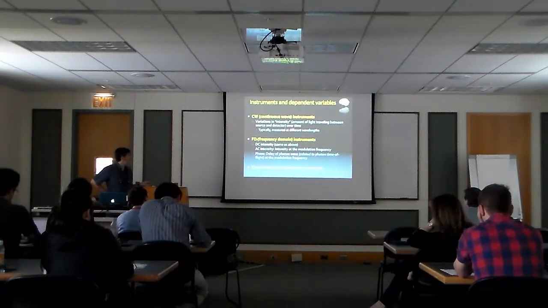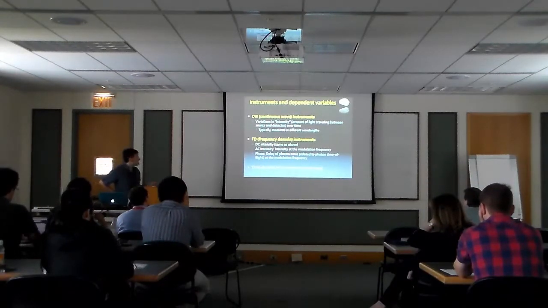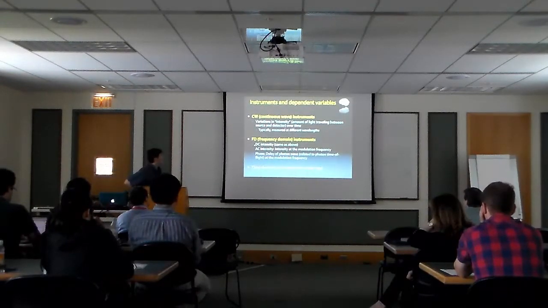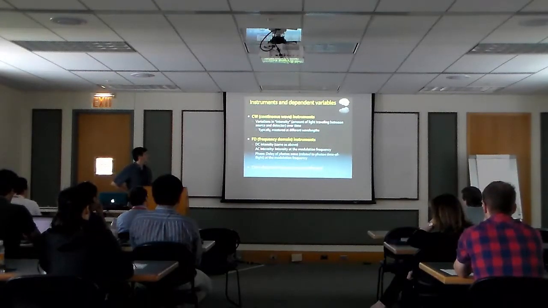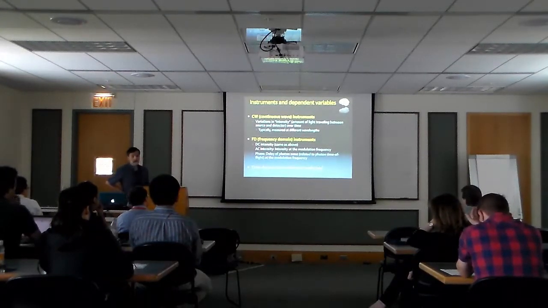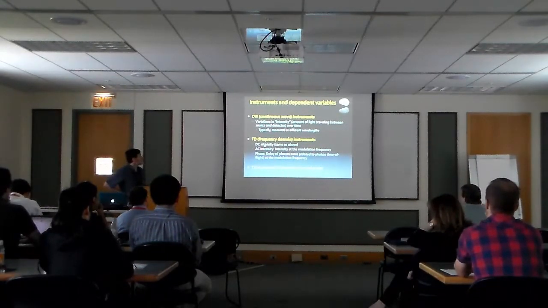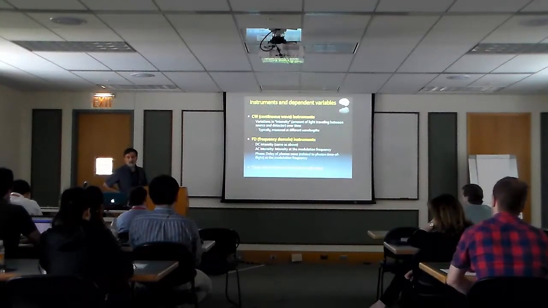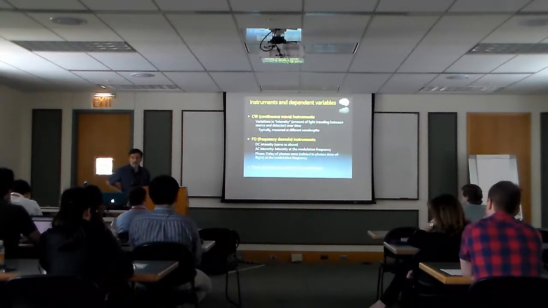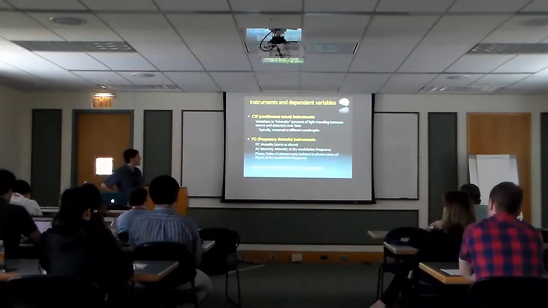Another type of instrument is called a frequency domain instrument. These are much more rare, although that's the type of instrument we have in our lab. A frequency domain instrument is different because instead of having a light source which is constant in intensity, it has a light source which is modulated in the radio frequency domain, hundreds of megahertz, typically 100, 110, 200 megahertz, something like that.